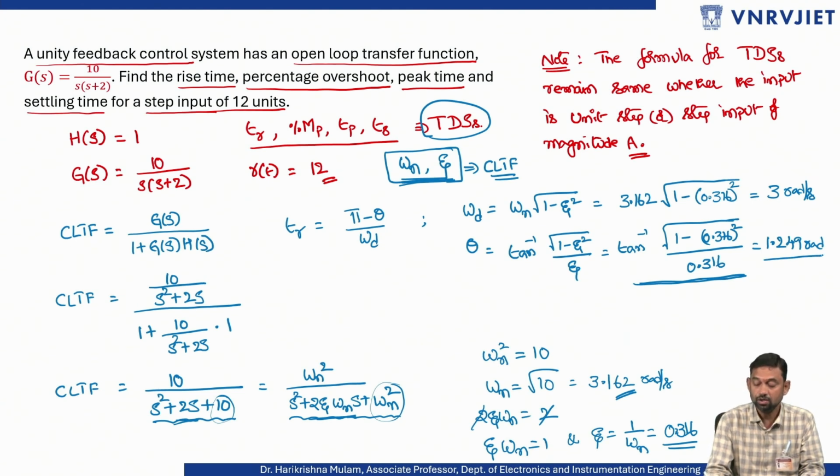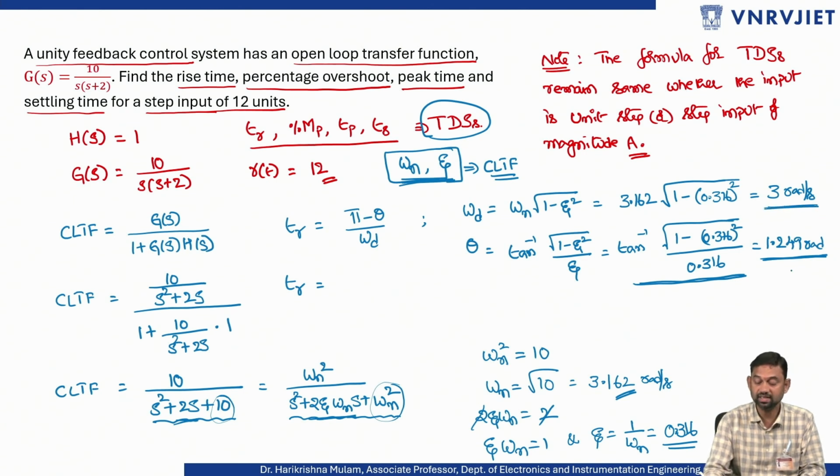So finally, your theta value will be 1.249 radians.